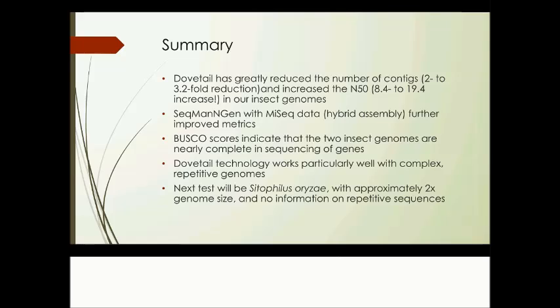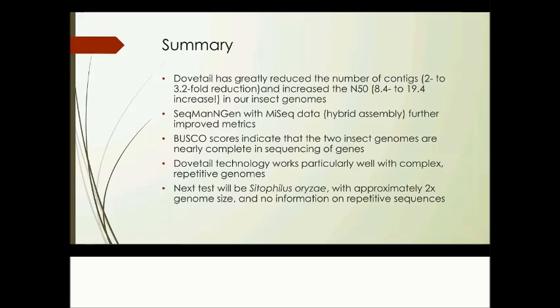So we've been really pleased with the data that we've gotten just using the Chicago libraries thus far. We've been able to reduce the number of contigs by up to 3.2-fold and increase the N50 up to 19-fold, which is helping us greatly in order to do accurate gene prediction.